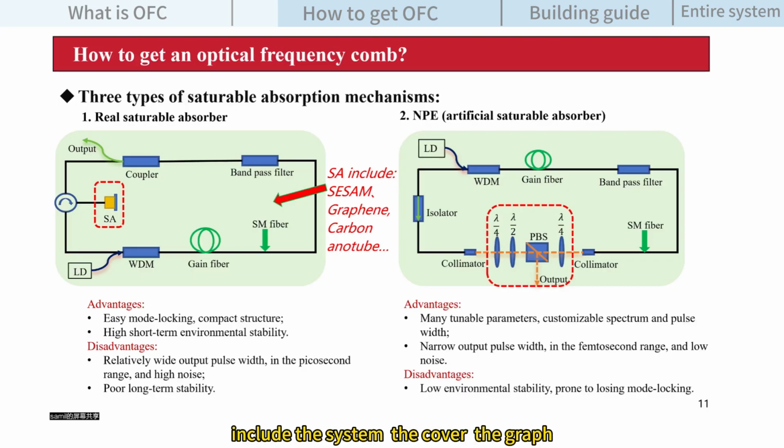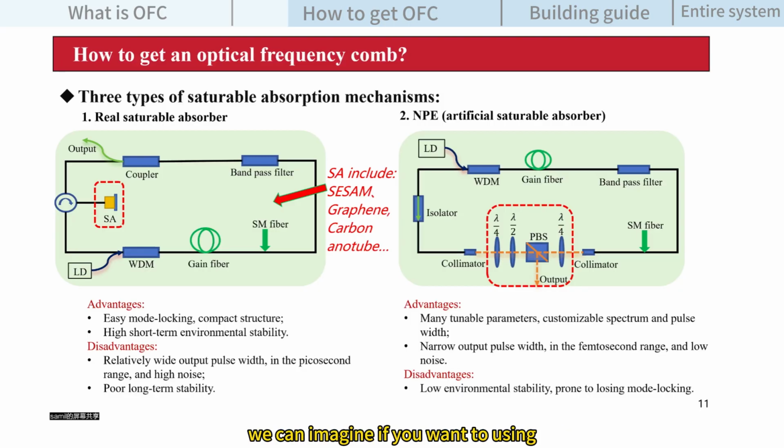These include the carbon nanotube and the graphene. These things have some advantages. It's very easy to realize the mode locking. It has a compact structure. It has a very high short-term environmental stability. But it also has disadvantages.